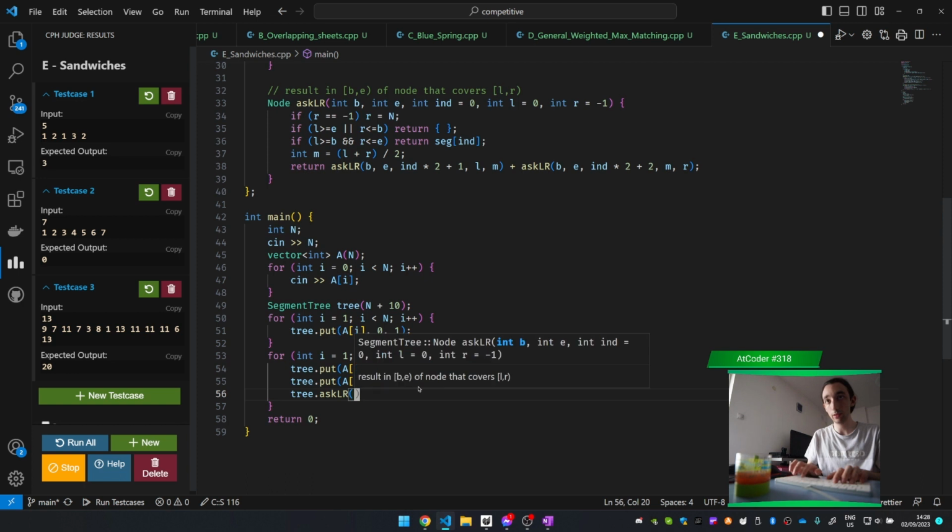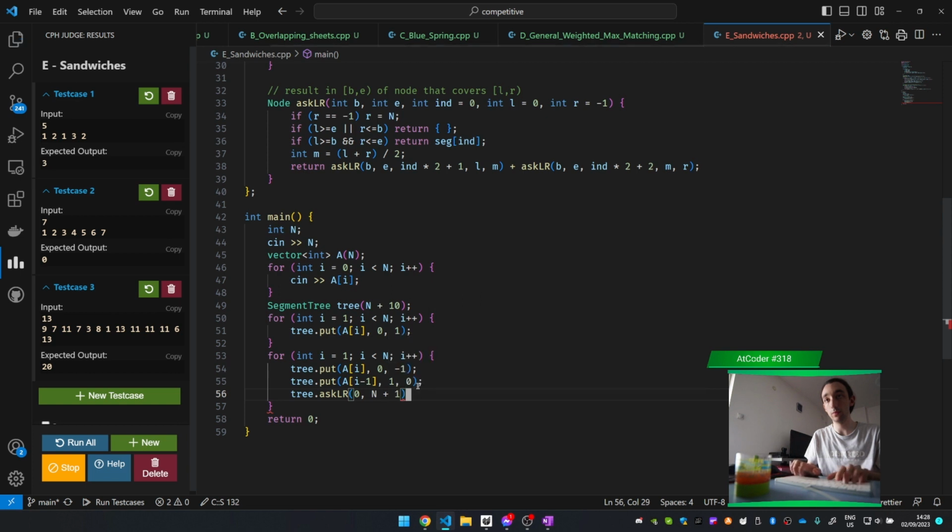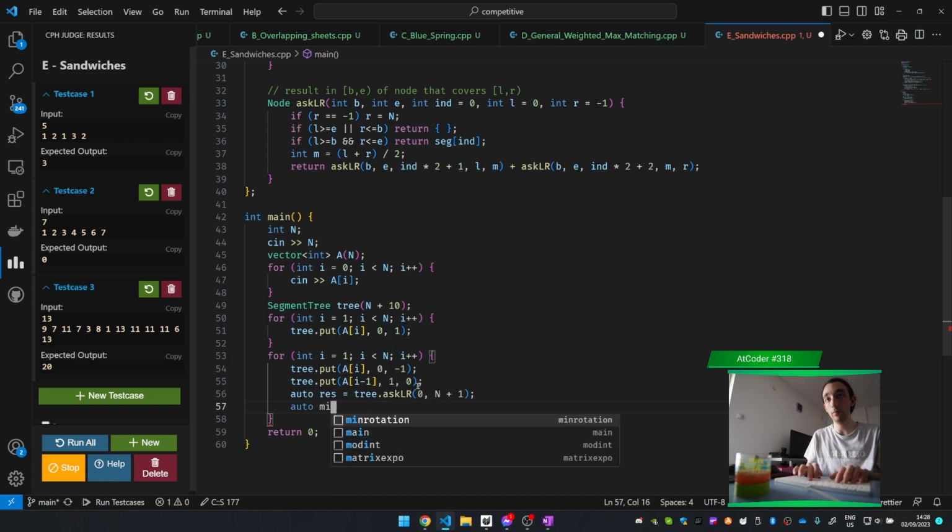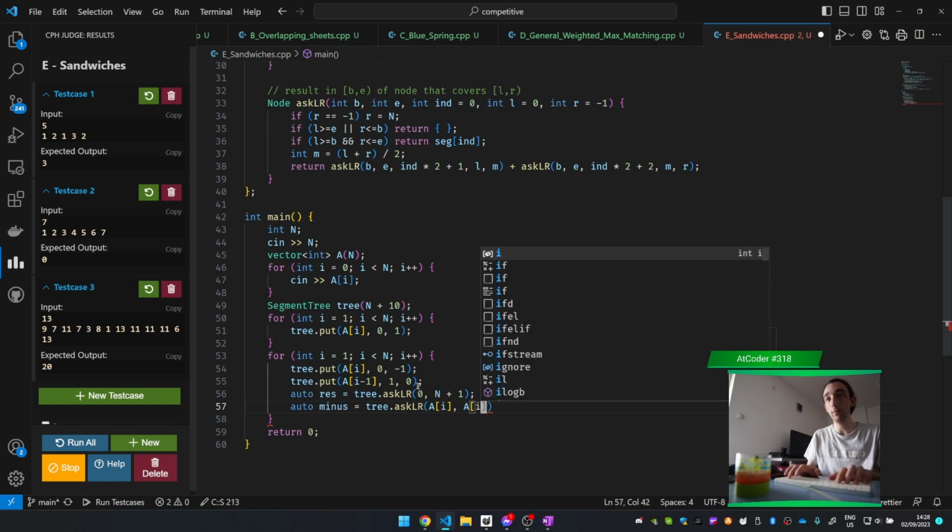Tree ask LR for the whole range, 0 to n plus 1. So this is ask for the whole range, and then minus tree ask LR from AI, AI and AI plus 1.